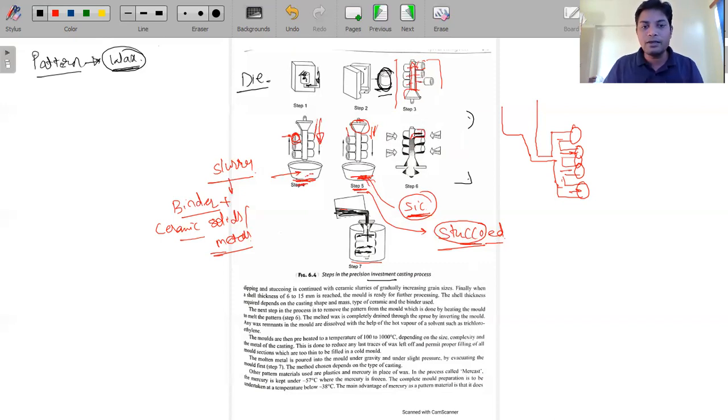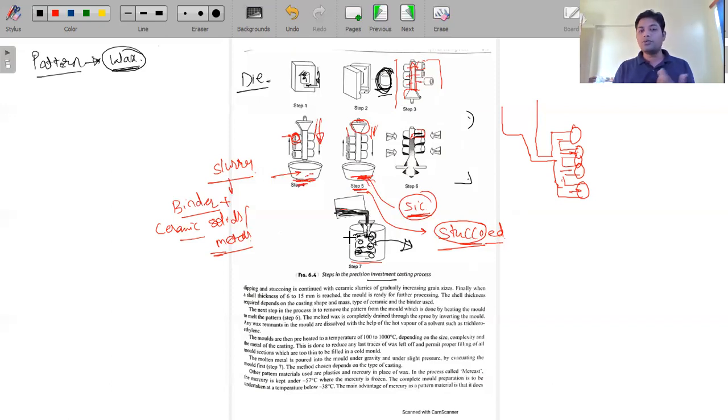Once it is filled, we keep it like that for some time, and when it has completely solidified, we take it outside and finally the casting is ready. Whatever solid cylinder pattern we prepared initially, the same kind of casting we get from here.